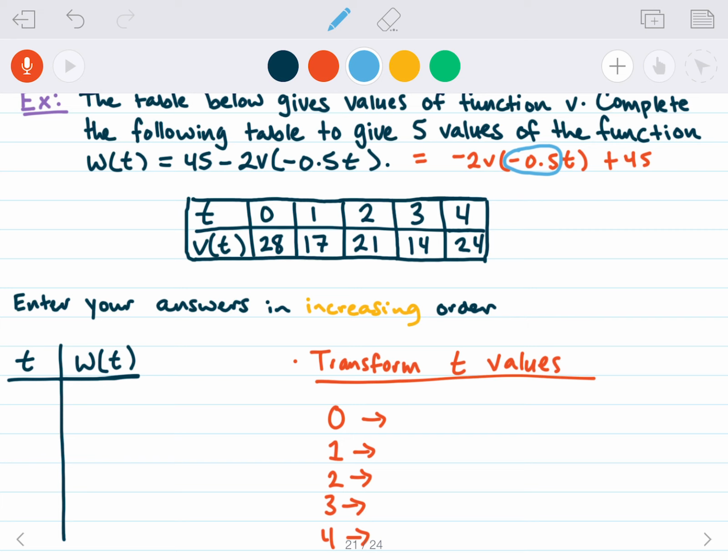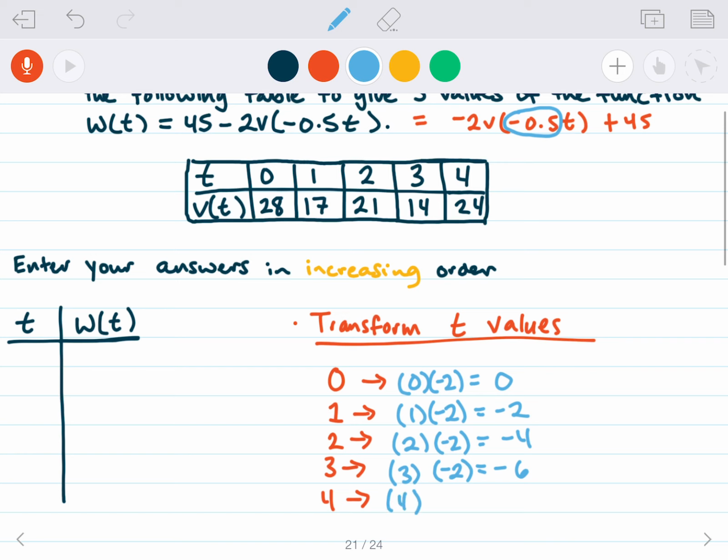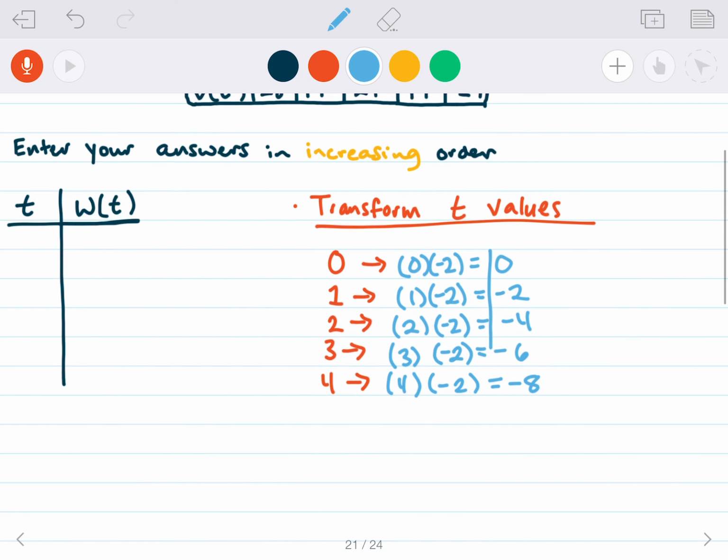So I have 0 times -2 equals 0. 1 times -2 equals -2. 2 times -2 is -4. And 3 times -2 is equal to -6. 4 times -2 is equal to -8. So those are my new t values.